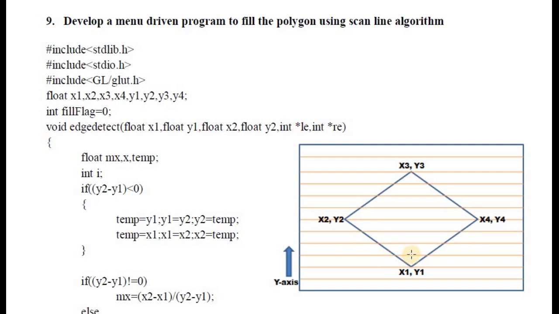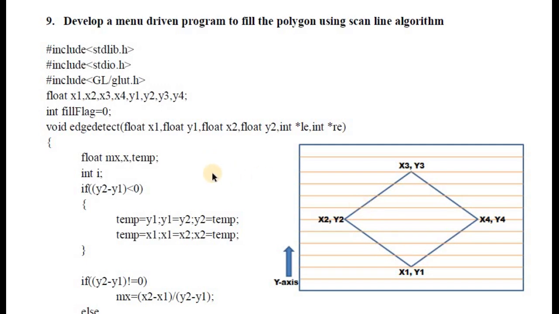Once you find this point and this point, we'll just draw a pixel for every interval up to this x point. We are going to do this everywhere, and finally this polygon will be filled with some color. So this is about the scanline algorithm, how it works.